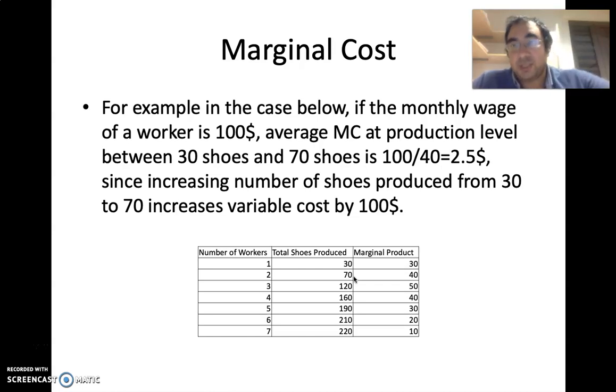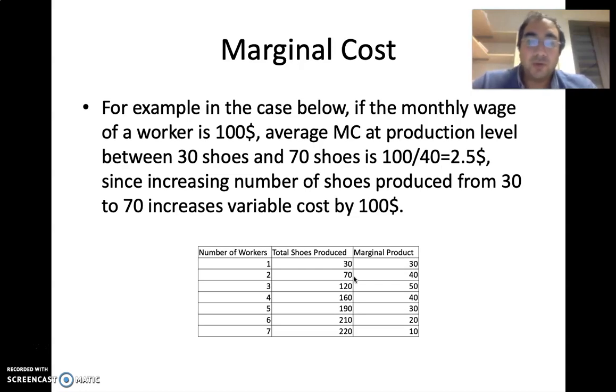You need to pay the wage to the worker, which is $100. So this $100 is paid to the worker, and as a result, 40 additional shoes are produced. So the marginal cost per shoe for these additional 40 shoes is $2.5.